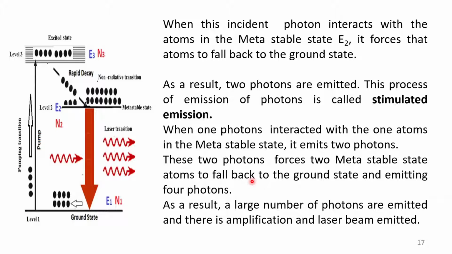In this way, a large number of photons are emitted, and we can say that there is amplification of the stimulated emission, and it emits the laser beam. The laser beam is emitted during the transition from the metastable state to the ground state, and that transition is also known as the laser transition.